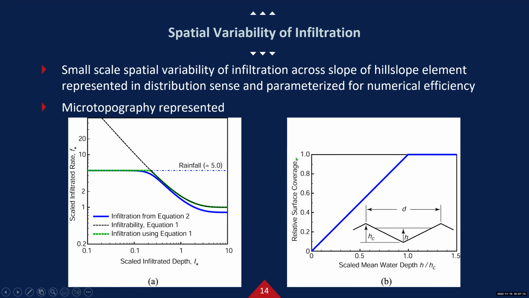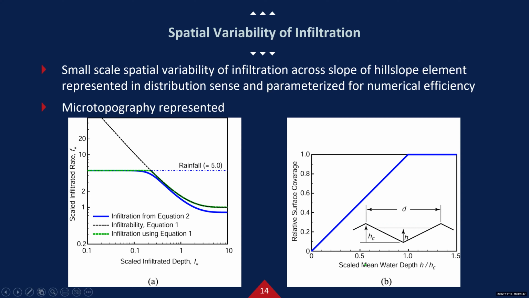And we also can represent microtopography. So, imagine the topography that you see walking across a hill slope. It's not very large. But what happens is, if you represent the topography of a hill slope as a glass flat area, all of that area is infiltrating all the time.